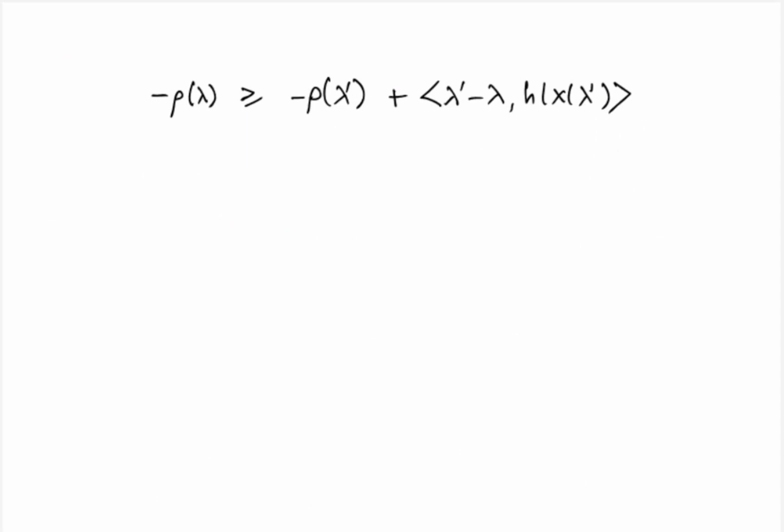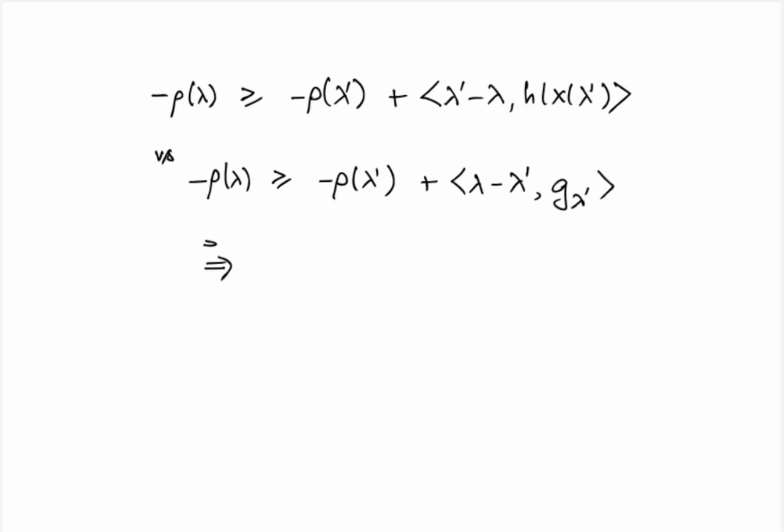If we compare with the definition of the subgradient, which was that if g lambda was the subgradient, then we have that minus rho of lambda is greater than or equal to minus rho of lambda prime plus inner product of lambda minus lambda prime, g of lambda prime. Then from this we can see that minus h of x of lambda prime is a subgradient of minus rho of lambda prime for any lambda prime.